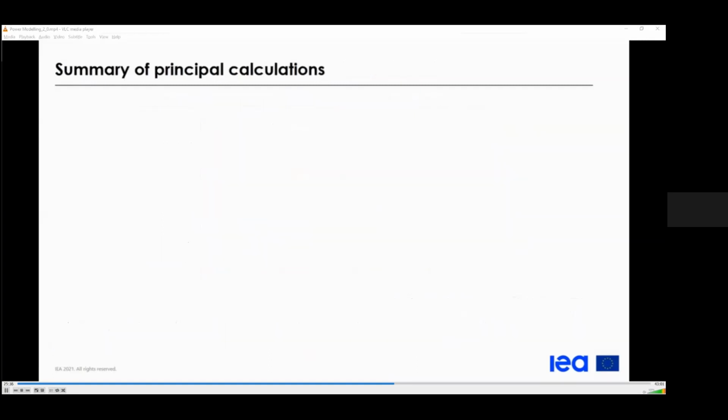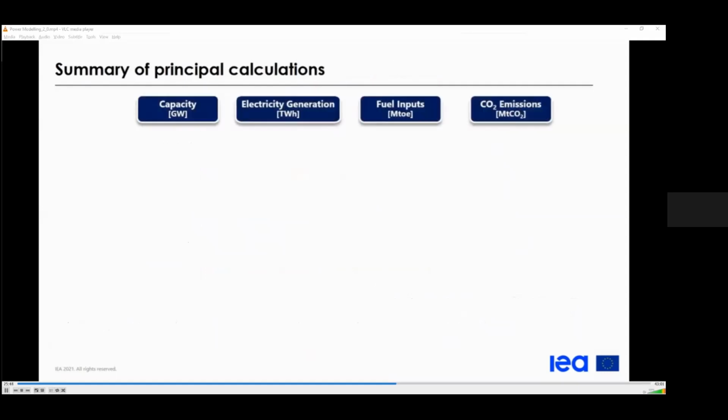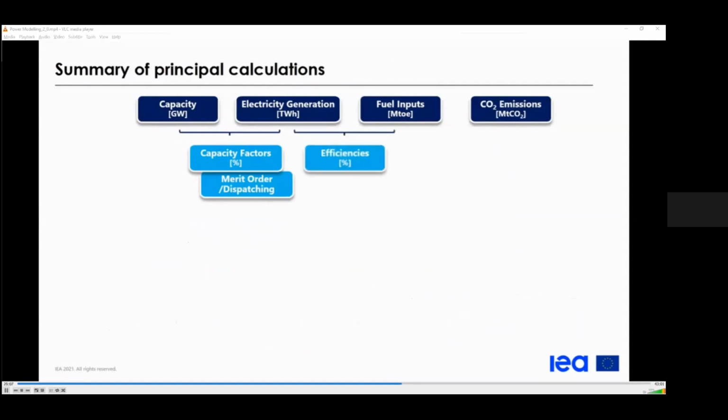So I would like now to summarize the main calculations that we've been through: installed capacity, electricity generation, fuel inputs, CO2 emissions, but also recall the relationships among these main elements. So we have capacity factors and merit order that are linking installed capacity and electricity generation. We have efficiency that connects electricity generation and fuel inputs.